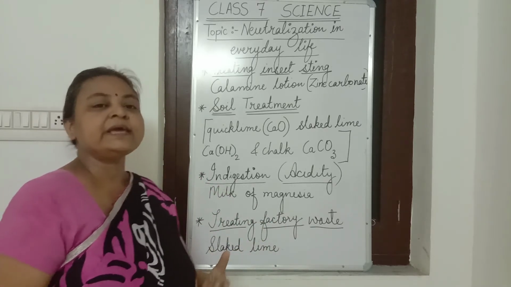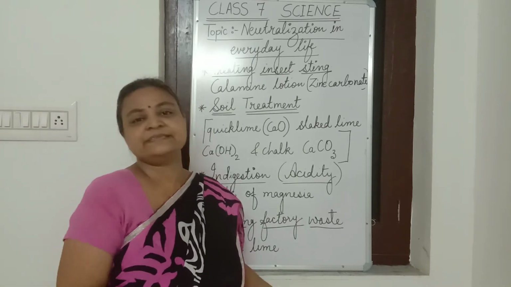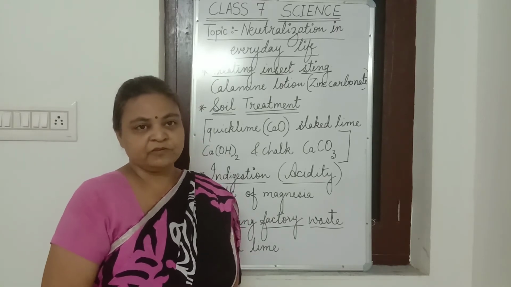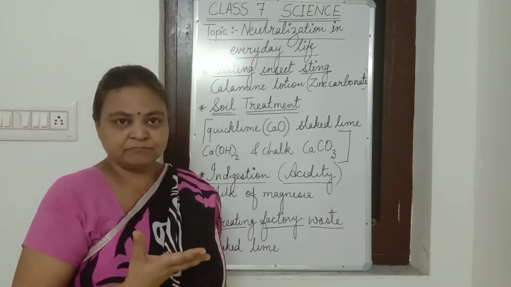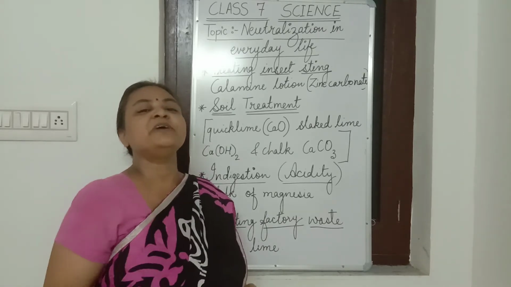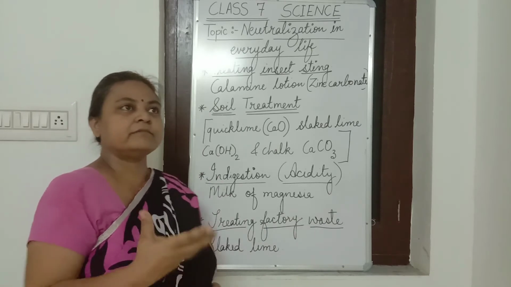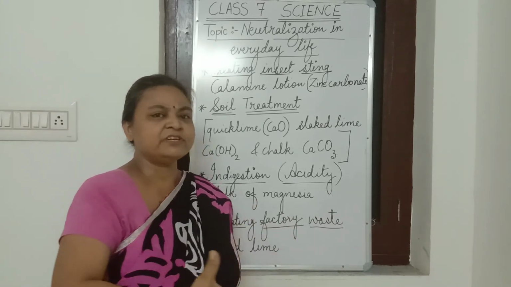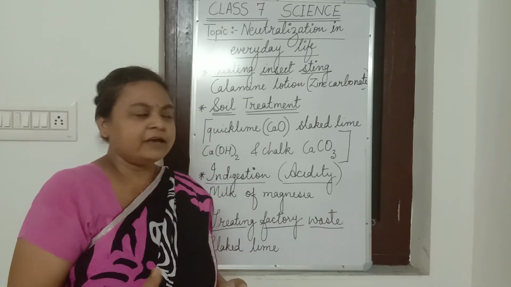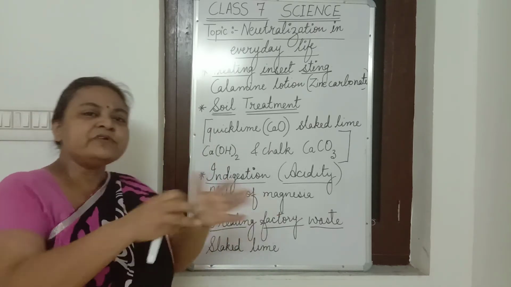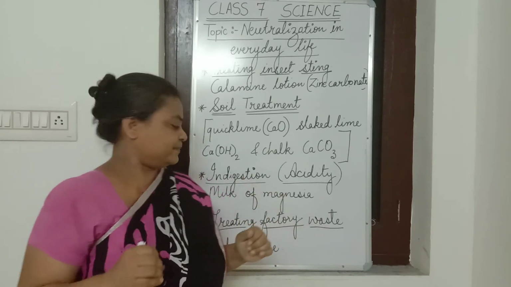Now this hydrochloric acid becomes excess in our body. You feel that sour taste coming in your mouth. So this milk of magnesia, or in common language people also call it Digene or something, right? It neutralizes this acid.